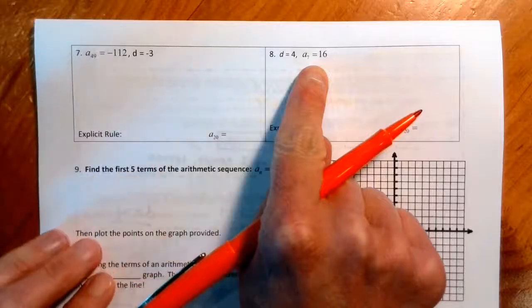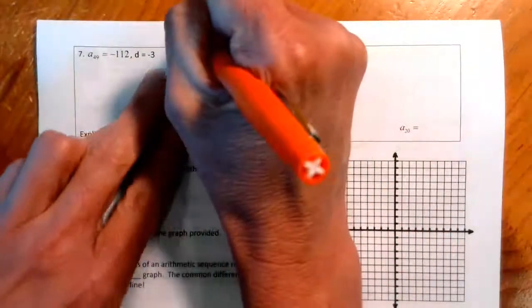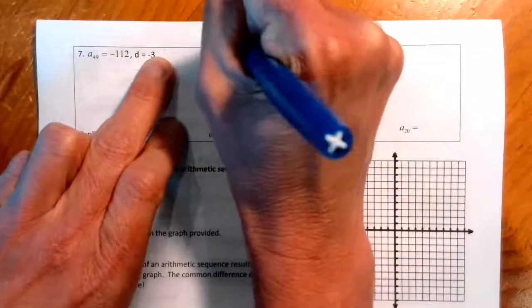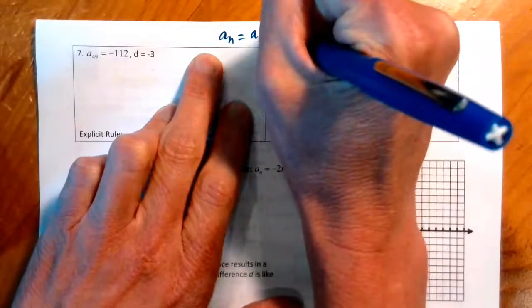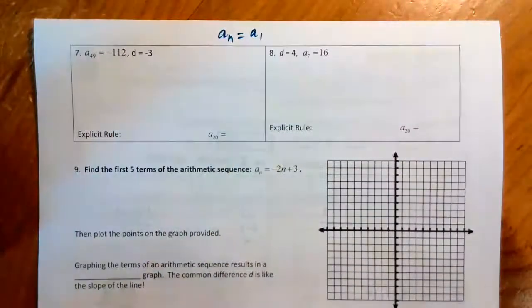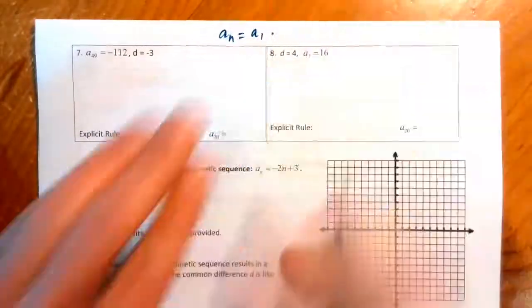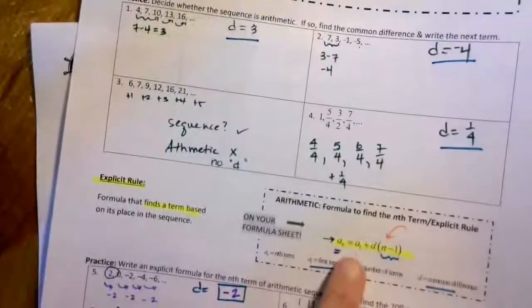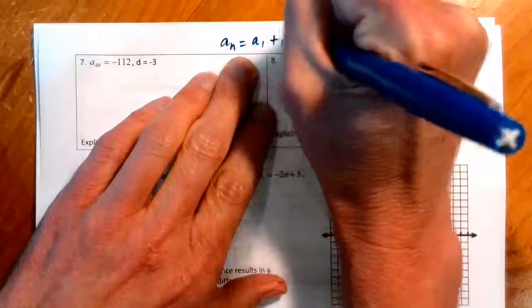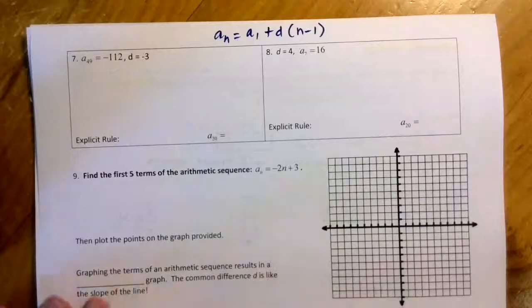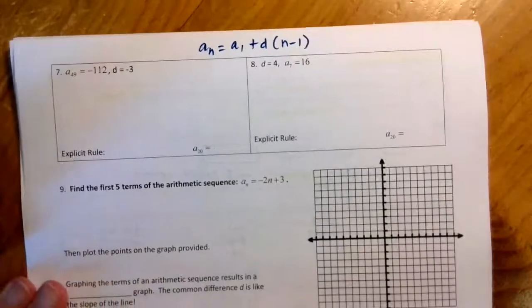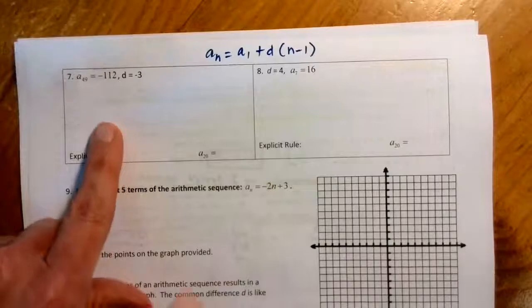So we're going to have to do some sleuthing to figure it out, because I know that, and I'll put my formula up here, any numbered term can be found by having my first term, plus our difference times our n minus 1. Okay, so just like any formula, they like to play with mixing it up and giving you different parts.